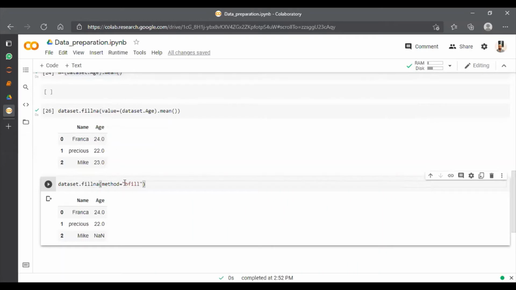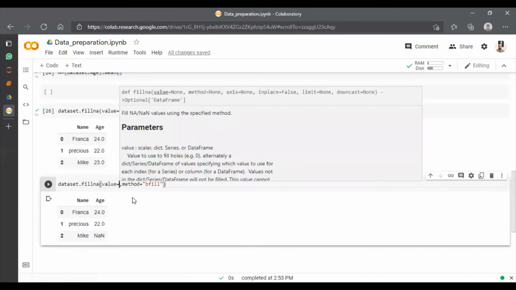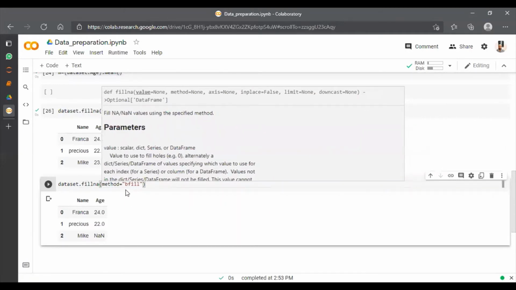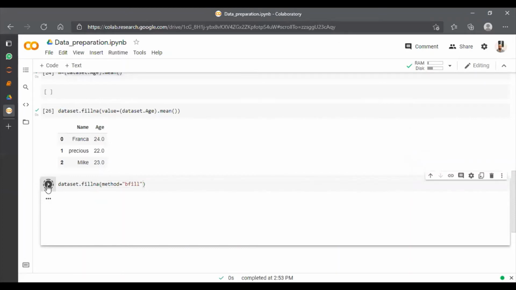I'm trying to see if the backfilling method is possible. Anyway, I'm going to look at the method for that. Before the end of this class, I'm going to let you know.